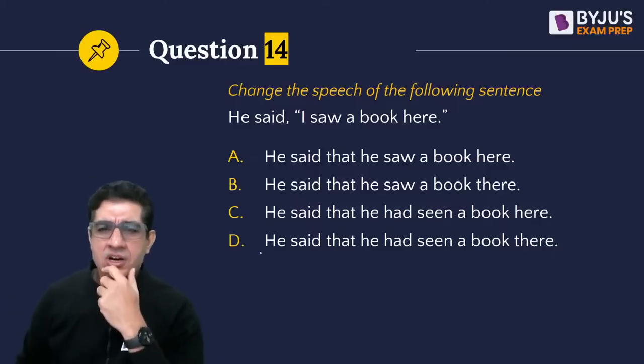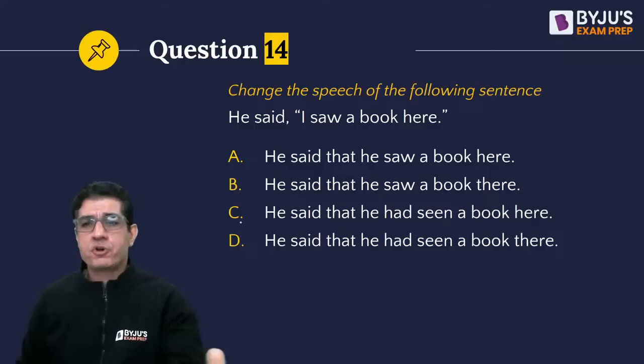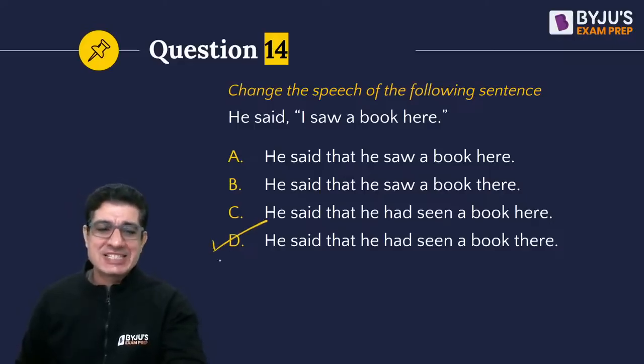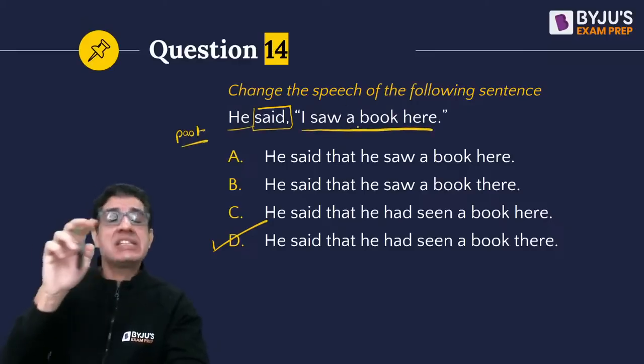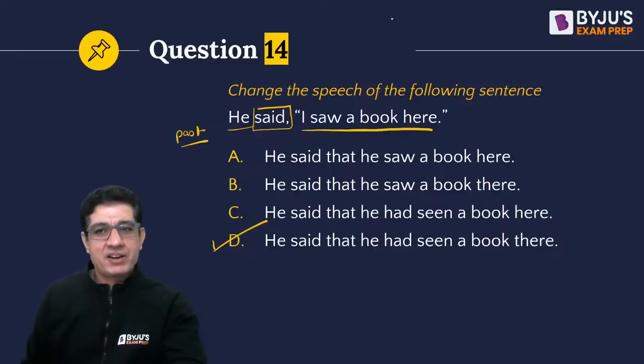Okay, so the correct answer for 14th is B. See, when the verb outside of the quote marks is in past tense, then we change the tense of the sentence which is inside the quote marks. And what is the change?